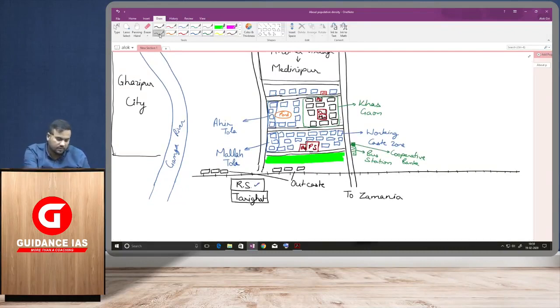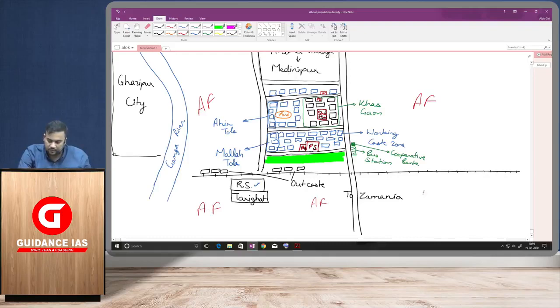So for example, what has happened now, all the remaining areas are essentially agricultural fields. Okay?